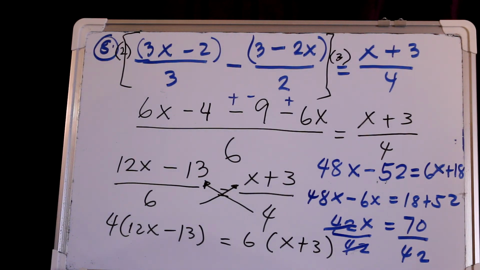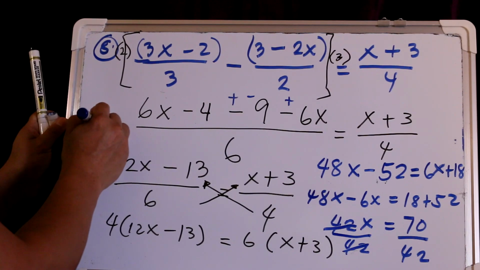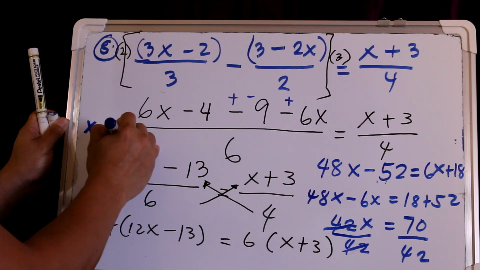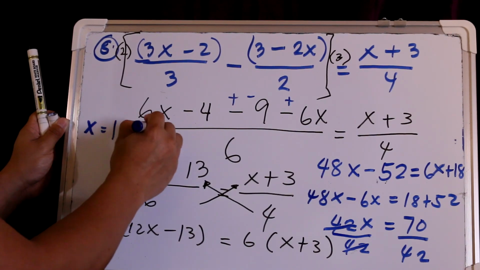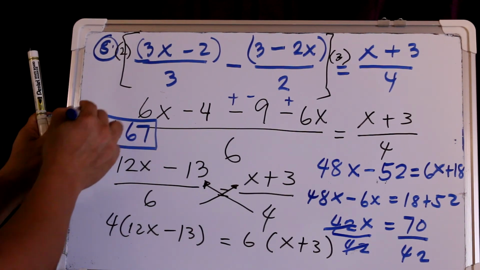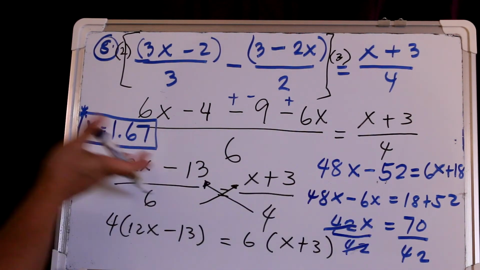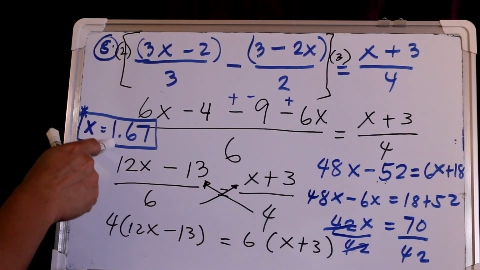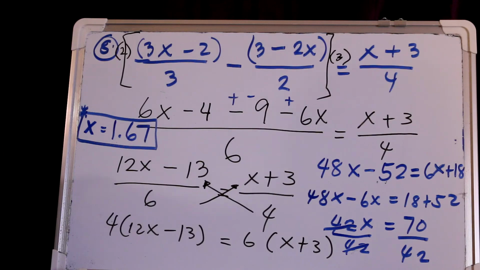So our answer for this is x equals 1.67. Can just box this one out. So here our answer would be x equals 1.67. I hope you're following this. There you go. This is linear equation.